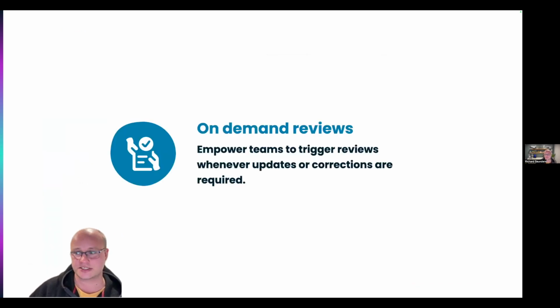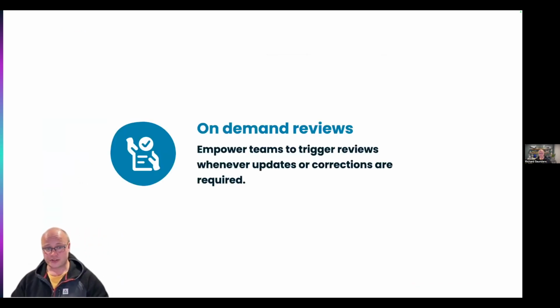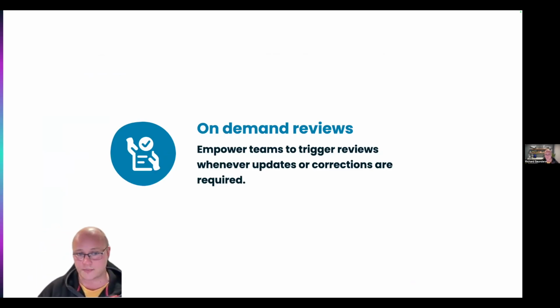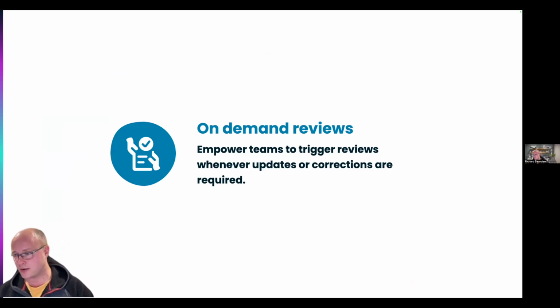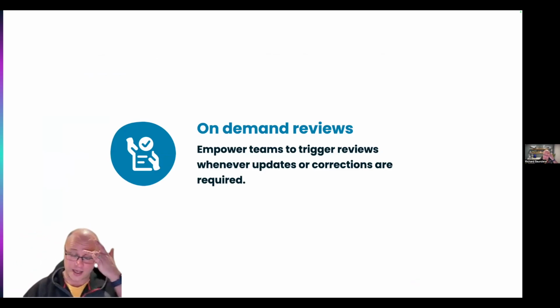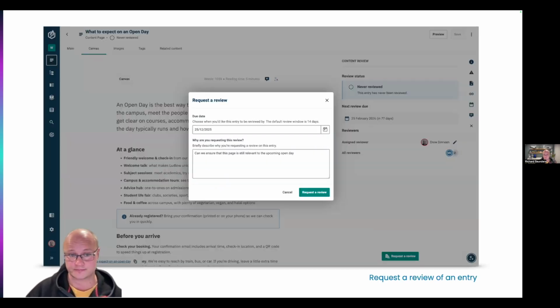In addition to cyclical reviews, we're also introducing what we're calling on-demand reviews. So as a content author or somebody who's working in the system, or somebody who sees content on your website and you think, I'm not sure that content is quite right, an individual now can request that an entry is reviewed.